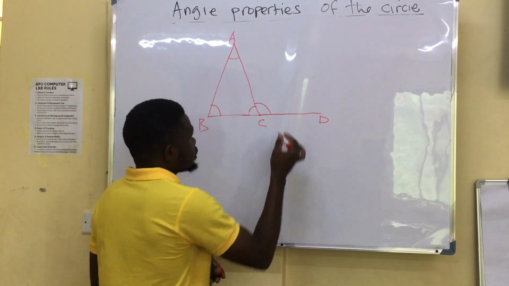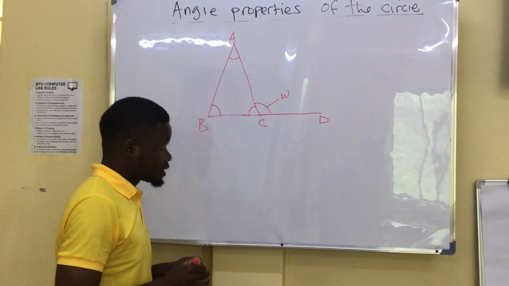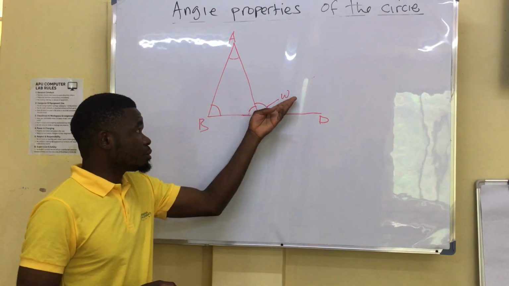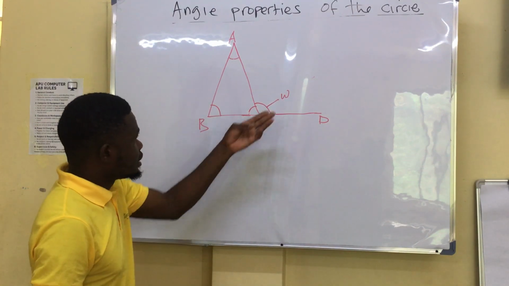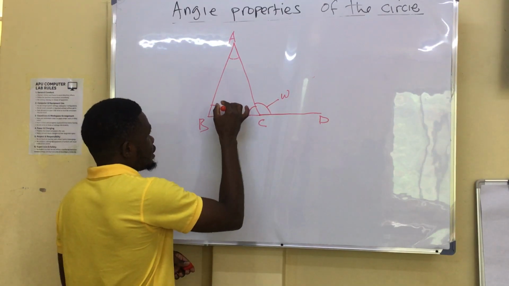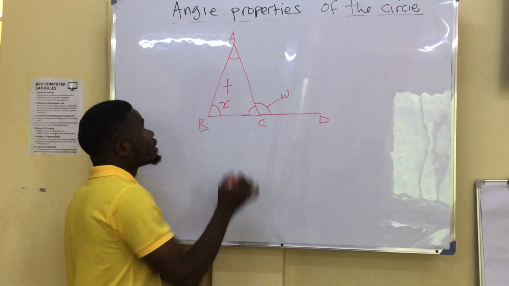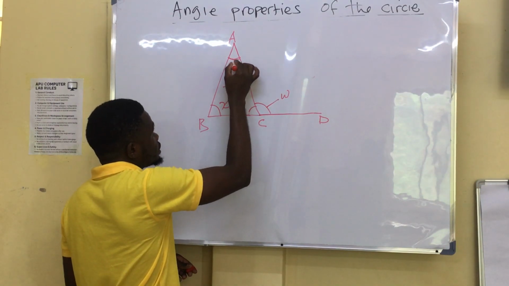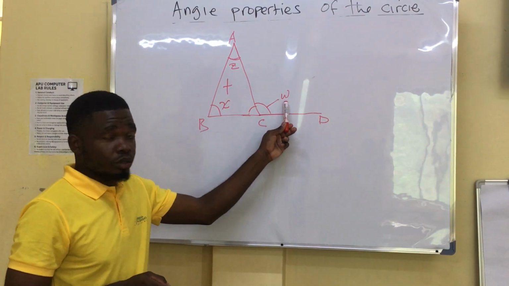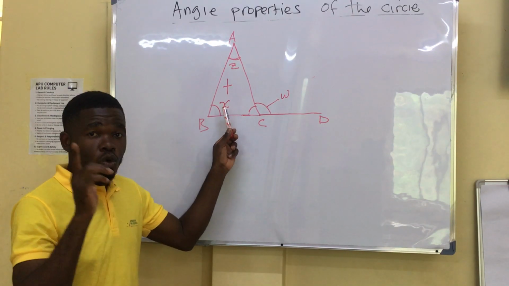Meaning that to find the value of this exterior angle of the triangle, let's label it W. We need to take the value of this angle, let's call it X, plus the value of this angle, let's call it Z.